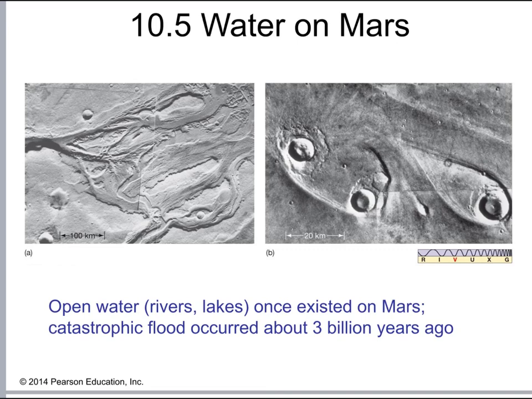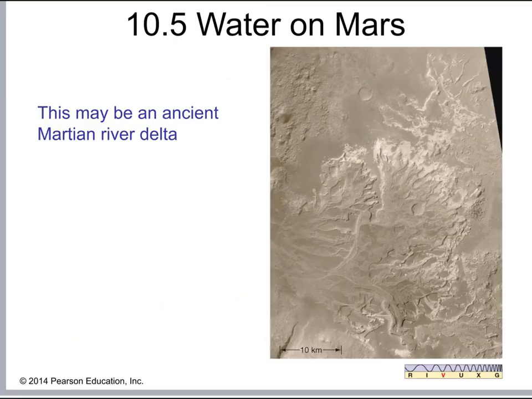There was a catastrophic flood that occurred about 3 billion years ago. We see features in the geology of Mars that suggest the presence of former liquid water. And here's another image. Again, it looks like a delta on Earth, and so this may be an ancient Martian river delta. And so maybe a long time ago on Mars there was water.